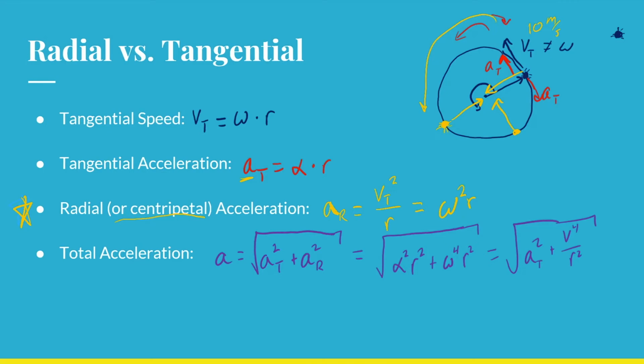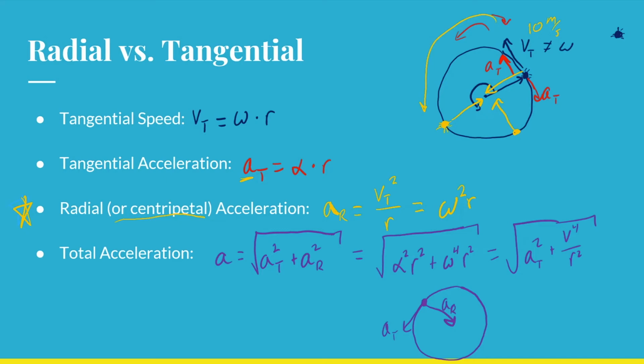When you have both a tangential acceleration and a radial acceleration, your total acceleration, and this is straight up just an answer to one of the questions on this lab right here. So you have a bug, and there is a tangential acceleration this way, a radial acceleration towards the center, as always.